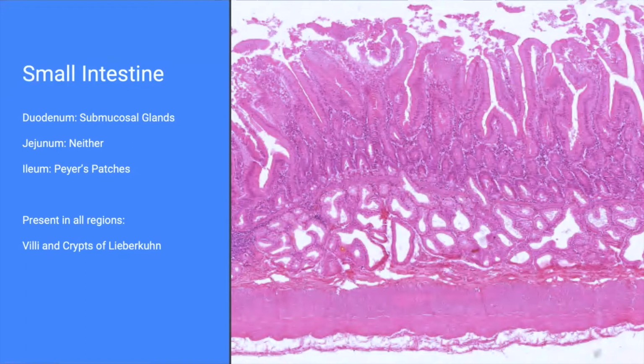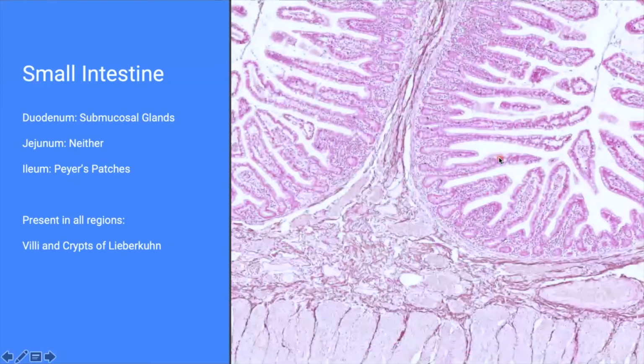Nowhere else in our intestines are we going to see glandular structures found within the submucosa. So these Brunner's glands are diagnostic for a small intestine biopsy or sample. And then finally, we have our muscularis externa layer and then a bit of connective tissue for our serosa or adventitia. All right, so this is our duodenum. Remember, submucosal glands for duodenum.